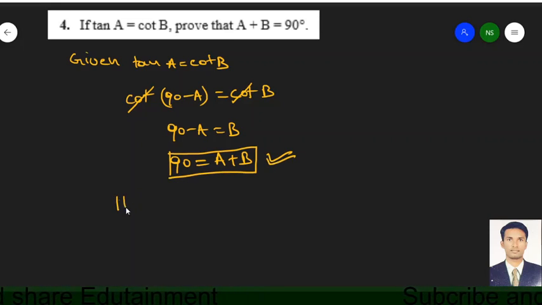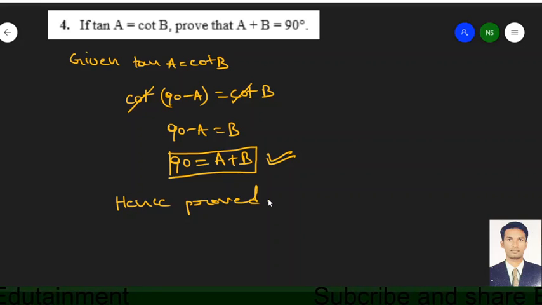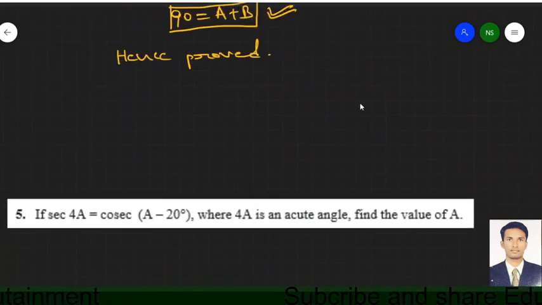We will write hence proved. Okay, let's move to the next question.